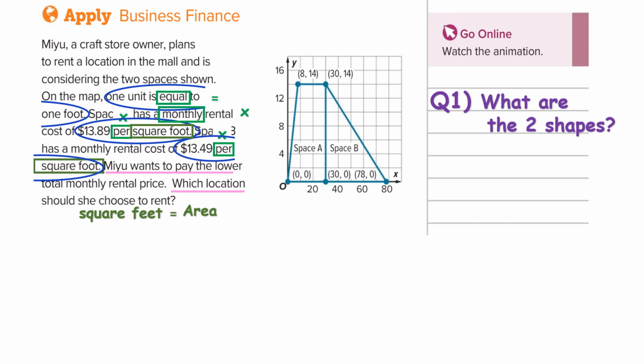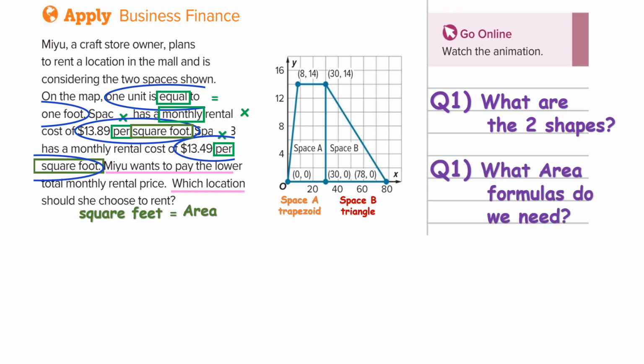Well, when I look at shape A, I can see that the bottom line is 3 cubes across, but the top line is only 2 cubes across. So if that's the case, then I know that these opposite sides are not equal. So it's not a rectangle. It's not a rhombus. So this has to be a trapezoid. And then when I look at space B, well, that's a 3-sided shape. That's a triangle. That one's the easy one. So what formulas do I use then?